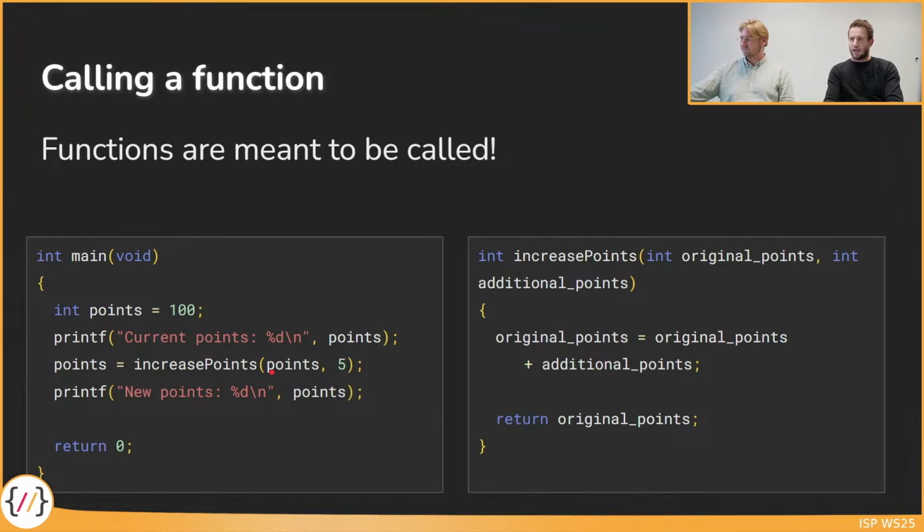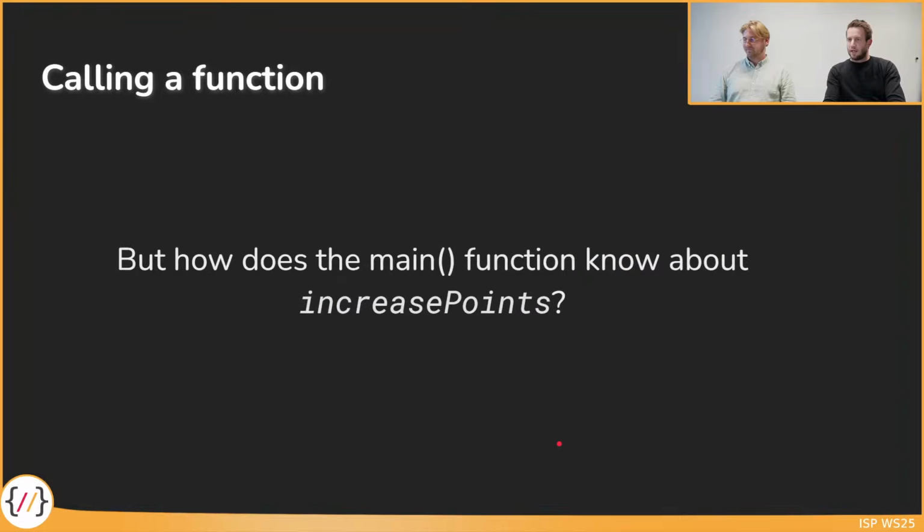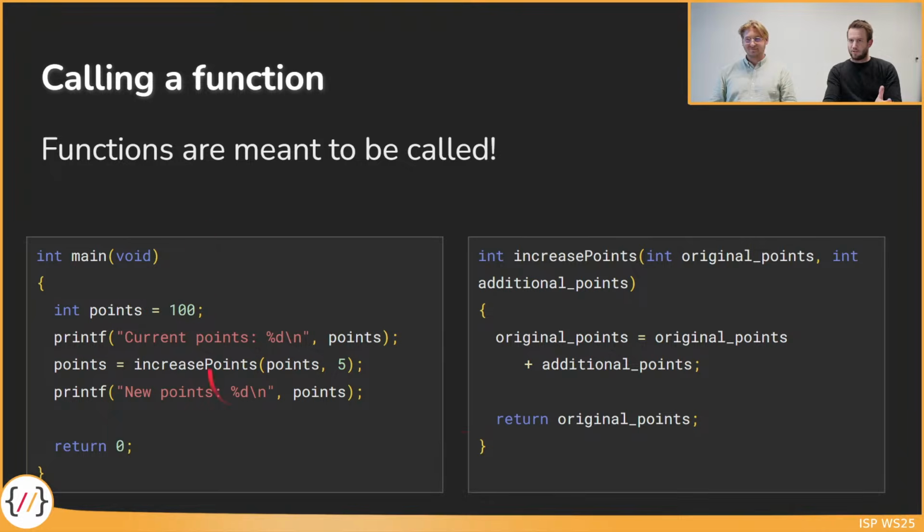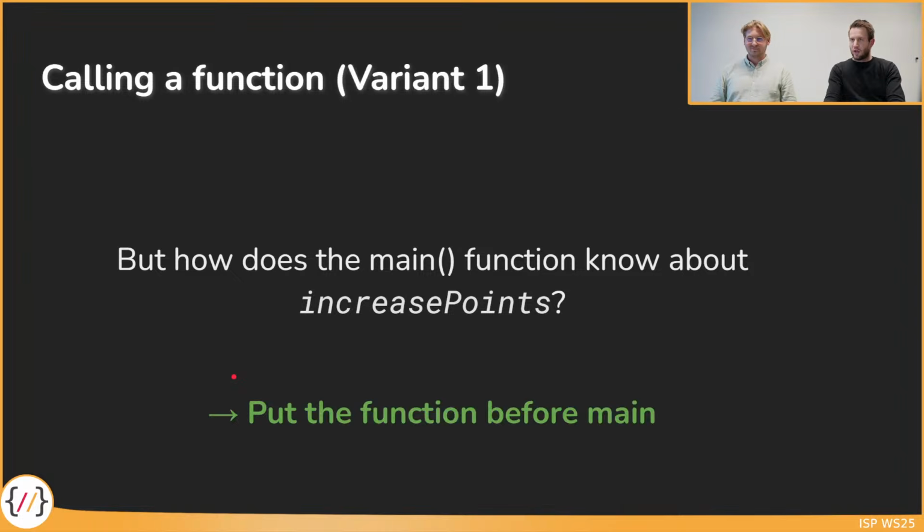And here we again have our increase points function, which is the same as two slides before. But how does the main function know about the increase points function? If we have a look here, the main function comes to this point and we call increase points. But how does the compiler know what increase points is? So we have two options here.